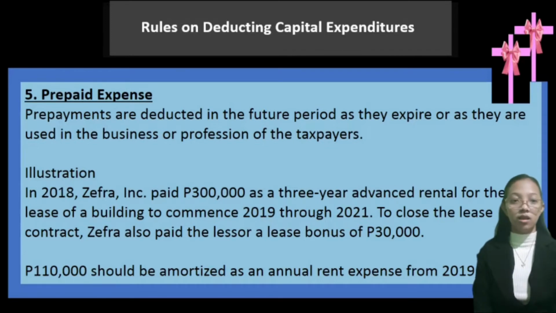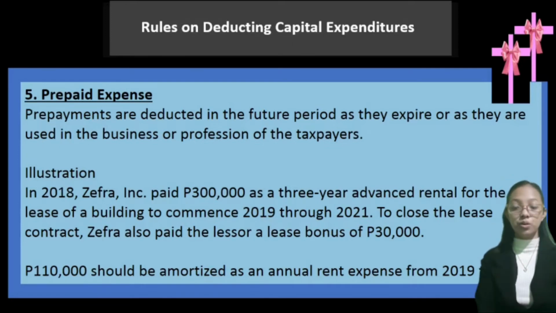Let's read the illustration. In 2018, Zephyra Incorporation paid $300,000 as a 3-year advance rental for the lease of a building to commence 2019 through 2021. To close the lease contract, Zephyra also paid the lessor a lease bonus of $30,000.